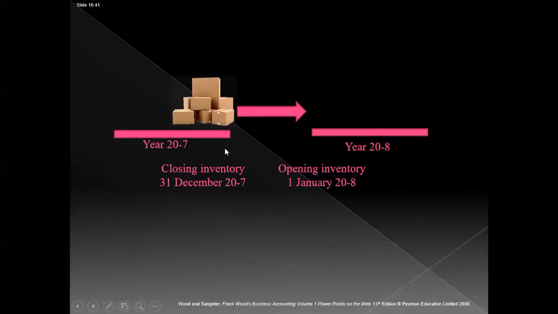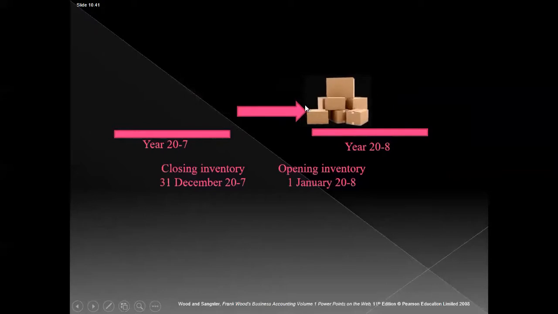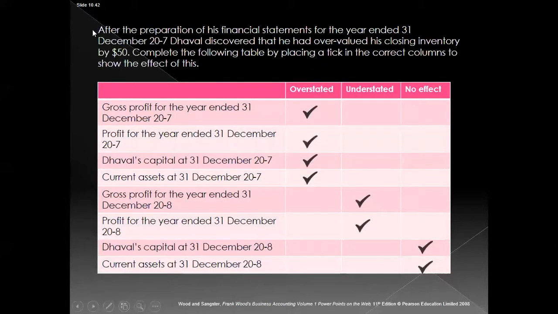For example, the closing inventory on 31st December 20-7 will be brought down to become the opening inventory on 1st January 20-8. So these two values are the same. If the closing inventory is overvalued by $50, the same will happen to the opening inventory on 1st January 20-8.